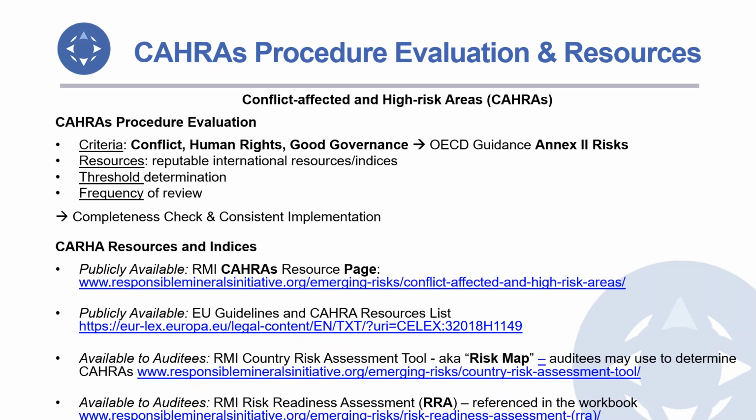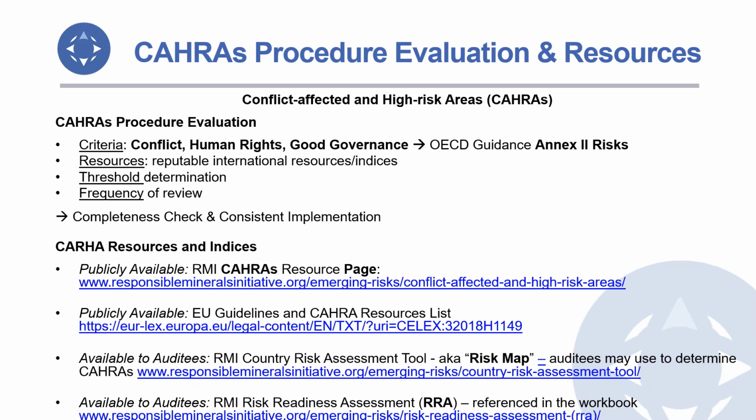Number one, you have to check for 5 things always. You have to check for criteria, meaning that the CAHRAs procedure always has to cover criteria addressing Annex 2 risks. Simplified, it could fall under conflict, human rights, and good governance, and that has to be articulated.